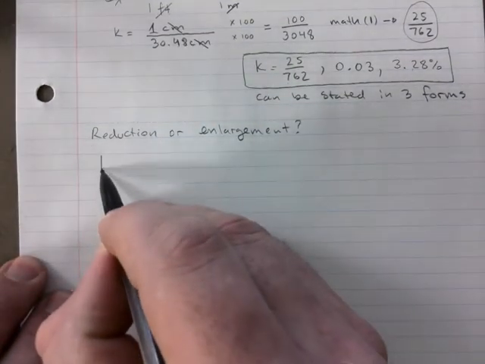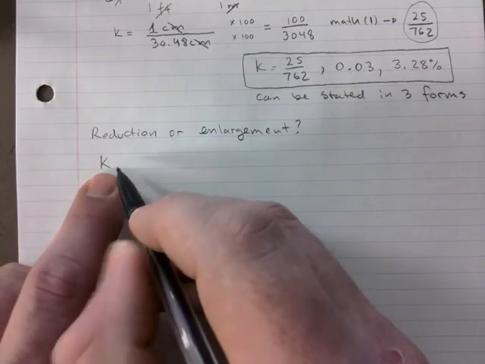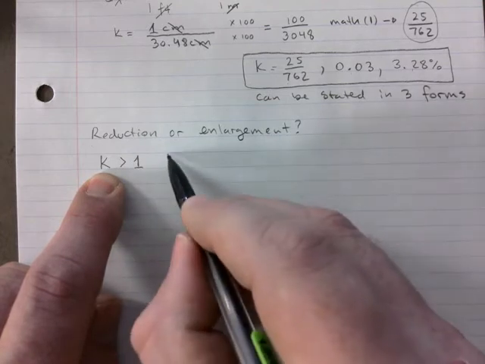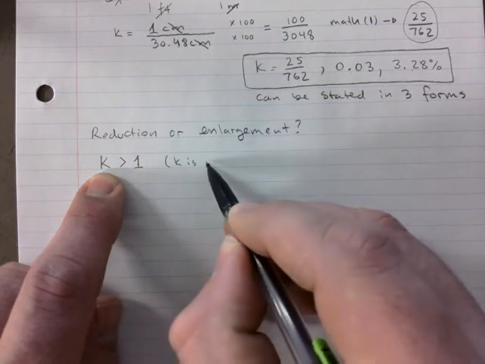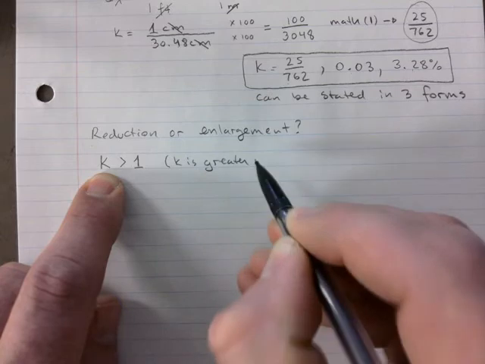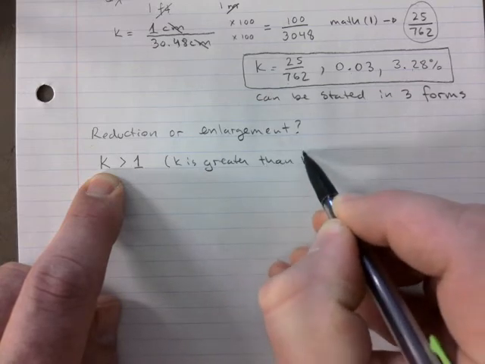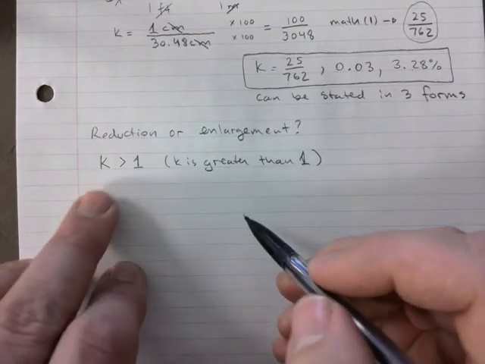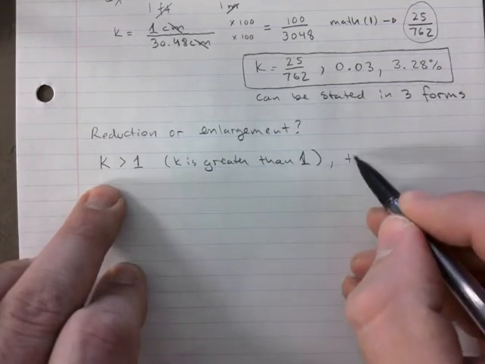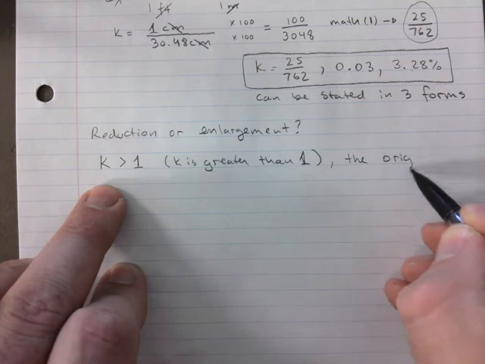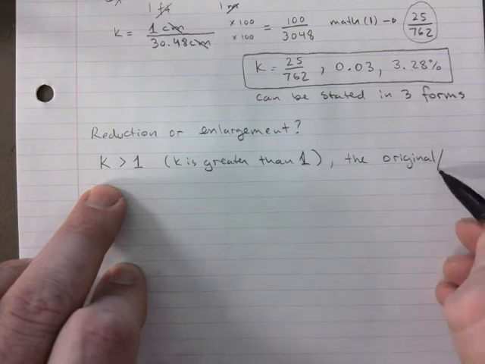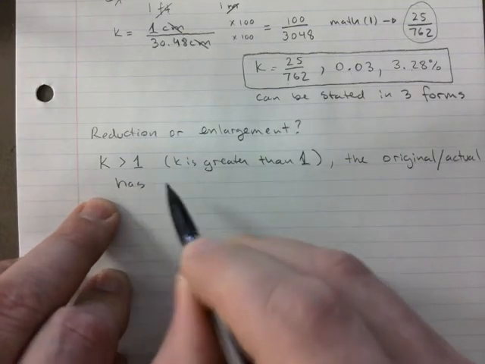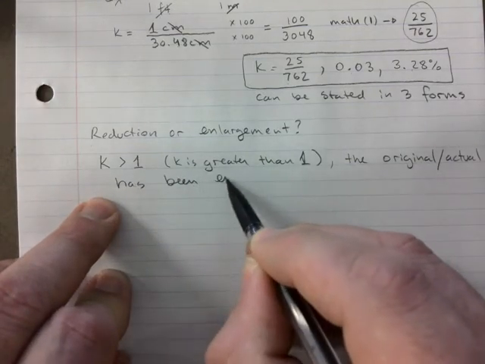So if the value of k is greater than 1, the original, slash actual, has been enlarged.